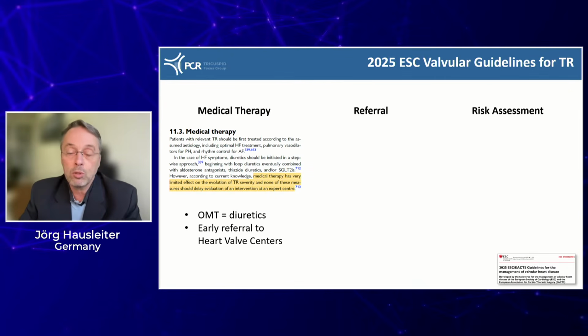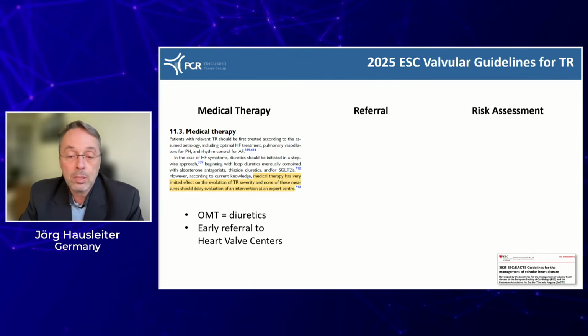So the new guidelines, just published a few weeks ago, really start touching the entire field of tricuspid regurgitation with the discussion about medical therapy. Medical therapy is primarily the treatment with diuretics, but the guidelines clearly state, highlighting this, that any medical therapy has a very limited effect on the further evolution of tricuspid severity.